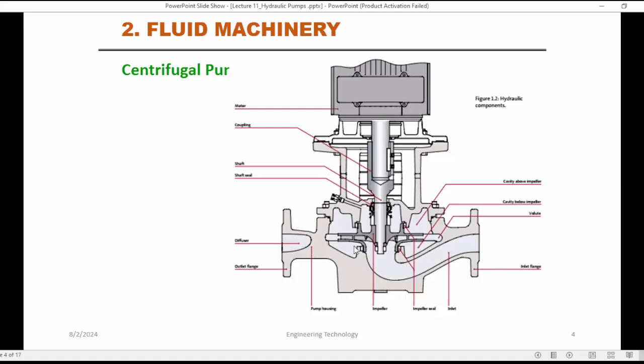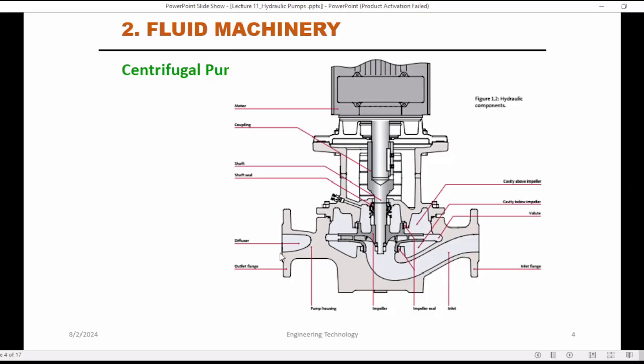Okay? Then you can identify the impeller blades. Okay, then inlet flanger here, outlet flanger here.